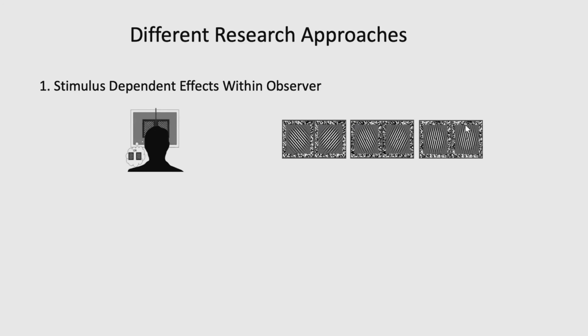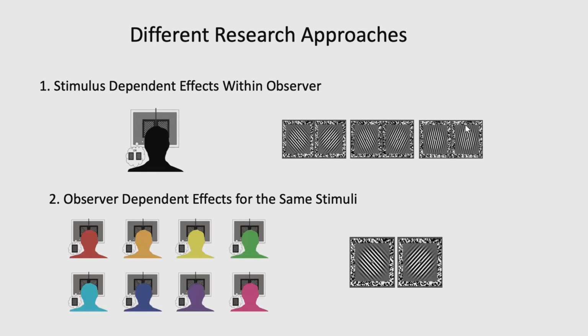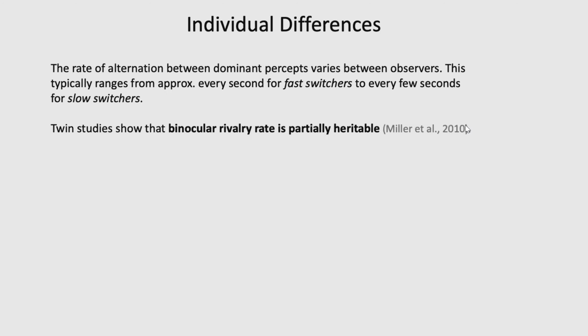I thought I would just acknowledge that probably behaviorally in a psychophysical paradigm, the most dominant paradigm is to study stimulus-dependent effects within an observer. But it's equally possible to study observer-dependent effects for the same stimuli. And of course, that's what we are talking about when we're talking about individual differences.